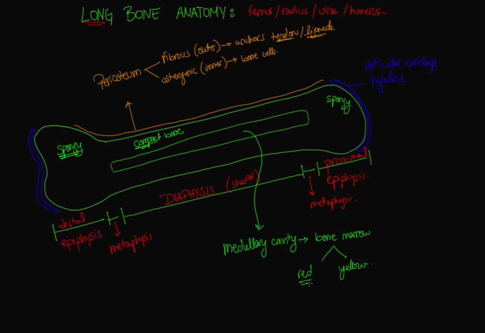The red bone marrow is important because this is where your blood cells are produced. This is the site of what we call blood production, or hematopoiesis. It's present in the majority of children's long bones, but as we become adults, a lot of our long bones no longer contain this hematopoietic characteristic, and in fact it becomes yellow bone marrow, which is just fatty tissue, a way to store some fat.